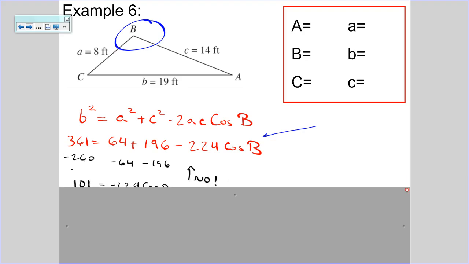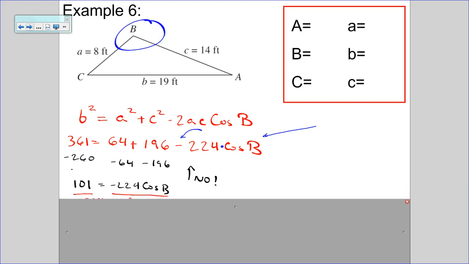I can't get rid of the 224 in this step because it's not connected to the rest by addition and subtraction. It's most closely connected to the cosine of b by multiplication. So this multiplication right here is more powerful than the subtraction. So we can't just add 224 to both sides.